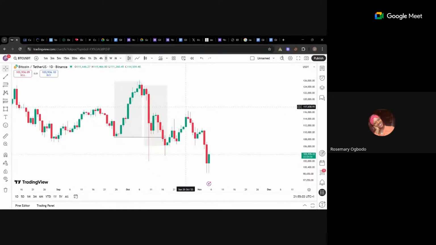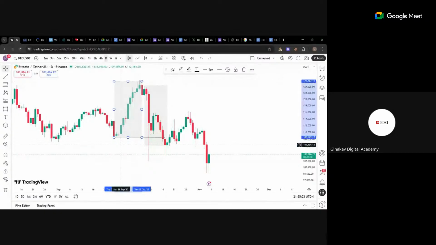Okay, from the break of seller structure, the market starts going up and you can buy. You can buy. This is what I said. This is a buyer structure, right? You can see that it's majorly buyers inside this zone now.